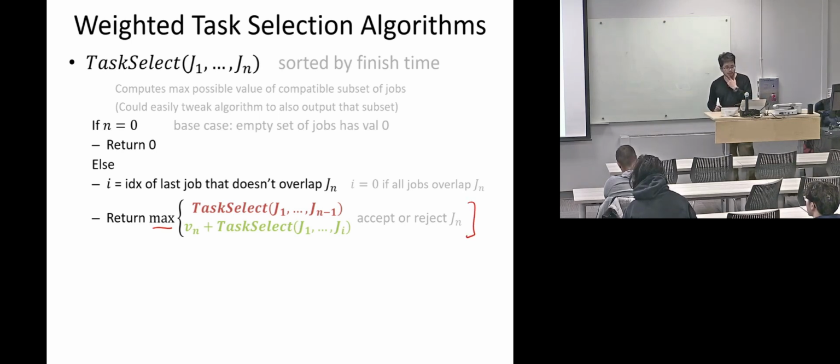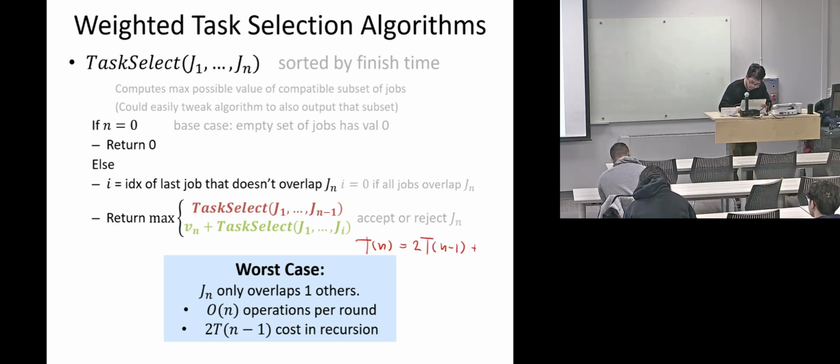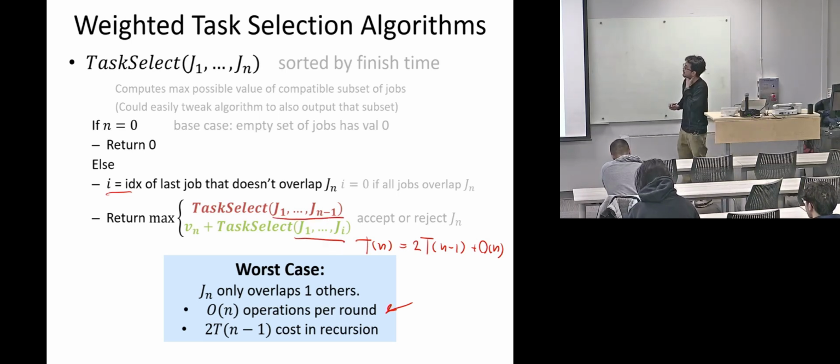Okay, all right, but if you just solve the problem in this way, then the recurrence looks like T(n) = 2T(n minus 1) plus O(n), right? Because O(n) here is just to compute I, and each of these recursions is of size at most n minus 1.